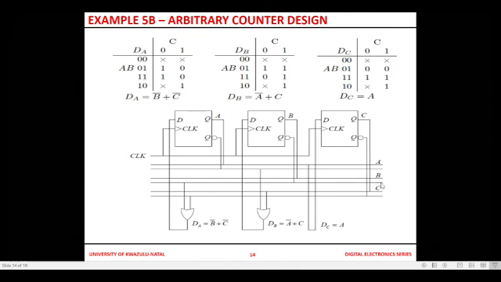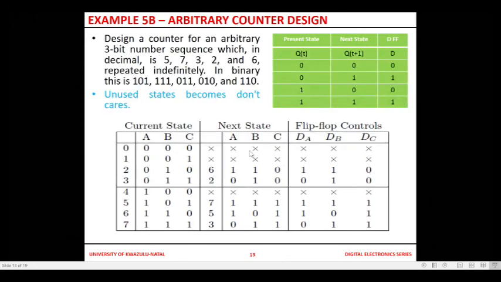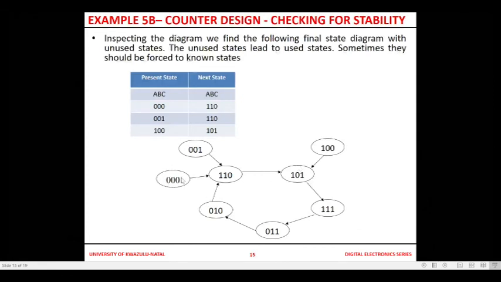D is 1, because that is B complement, and 1,1. So DA will be 1, DB will be 1, and DC is a 0, 1, 1, 0. So if we had 0,0,0 here, the next state will be 1,1,0. So 1,1,0 is part of our sequence. We are safe. We are looking at that.